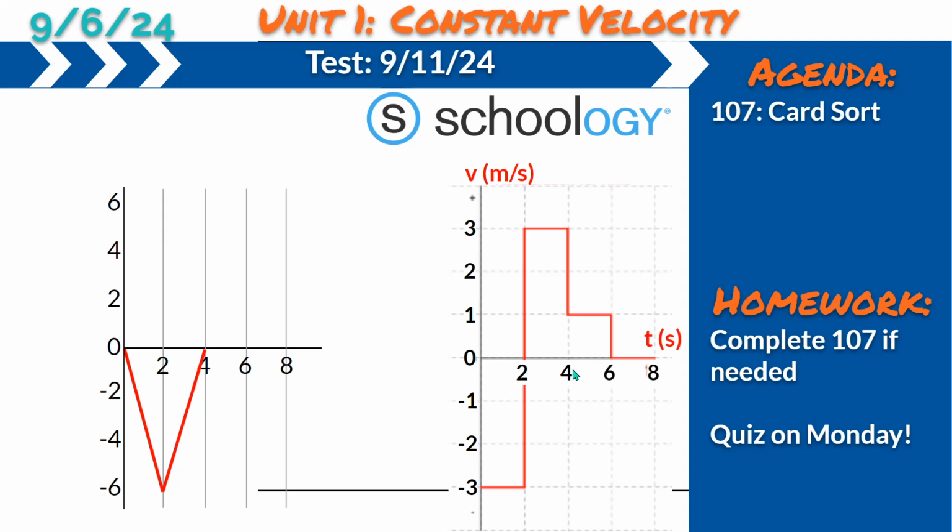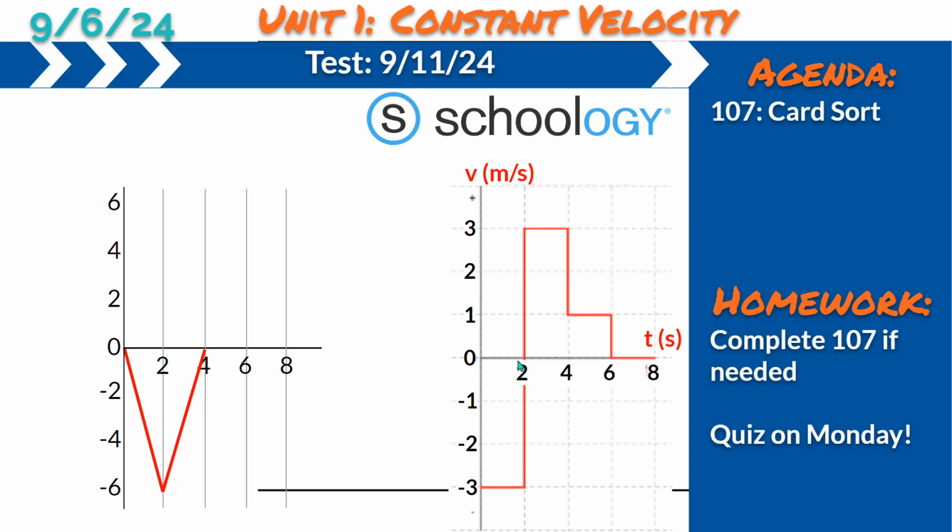Then from 4 to 6, I'm going to go 1 meter per second. So if I go 1 meter per second for 2 seconds, how far am I going to go? It's not a trick question. 2 meters. Guys, remember, all of these displacements that y'all are giving me correspond to the area under my graph, or between my graph and the x-axis.